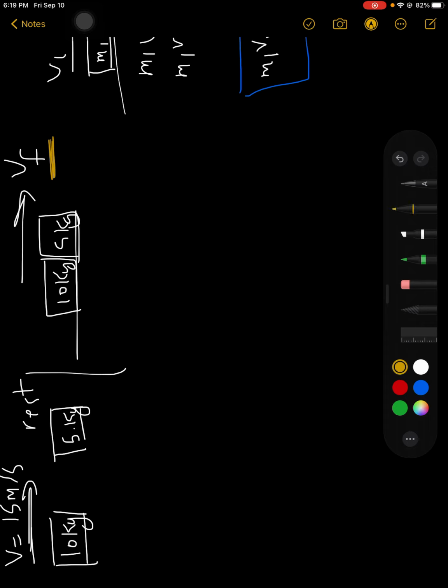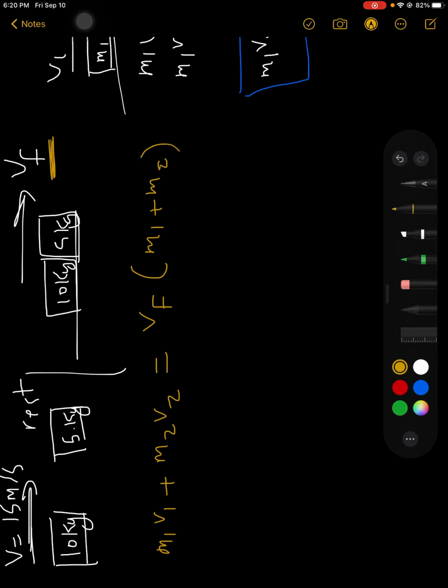Let's write the formula which we found. M1 V1 plus M2 V2 equals VF times M1 plus M2.